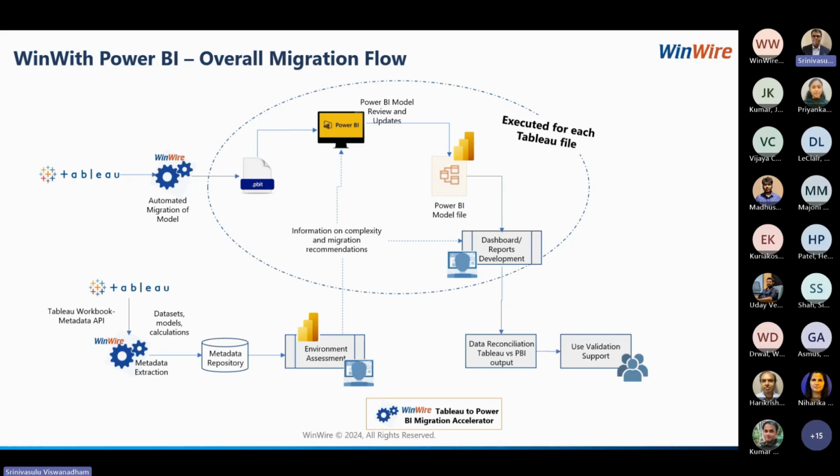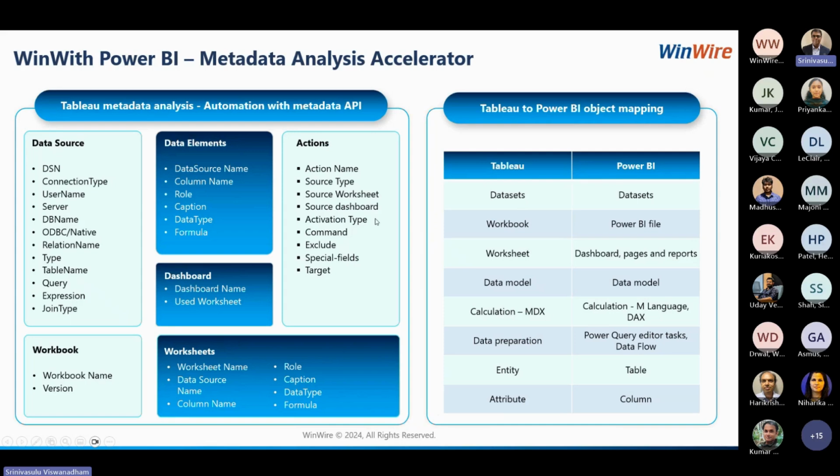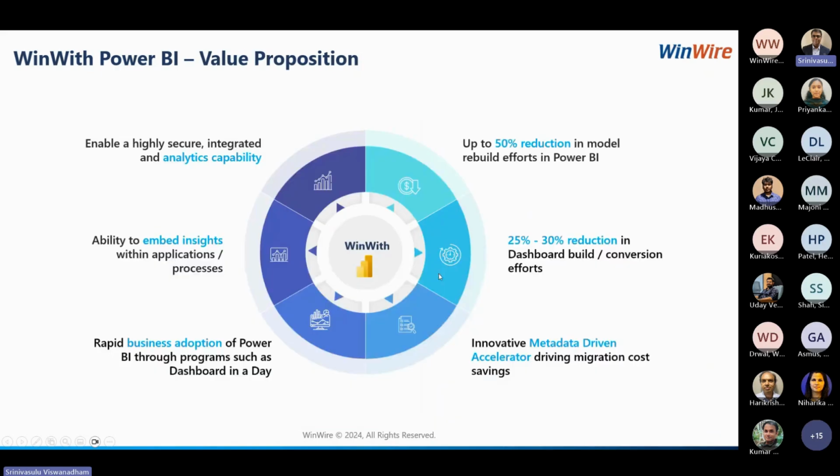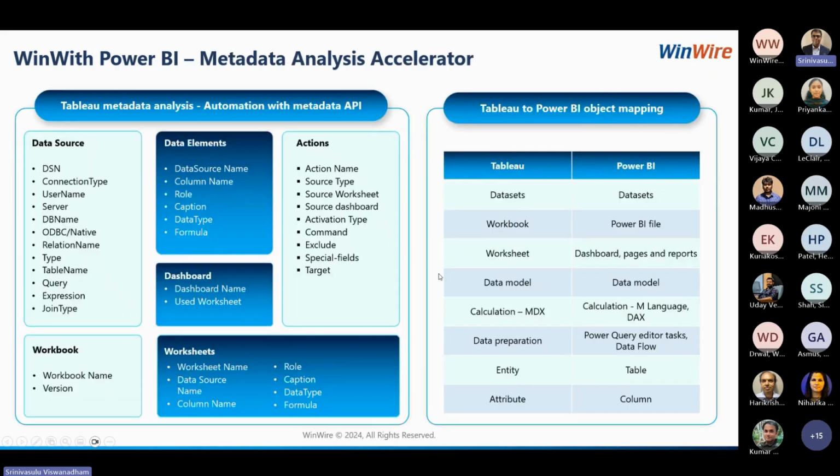This is what we are extracting from the Tableau metadata to understand how complex your reports are in your current Tableau environment. That is where this data from the APIs will be really helpful for us, and useful to understand your Tableau landscape, right?